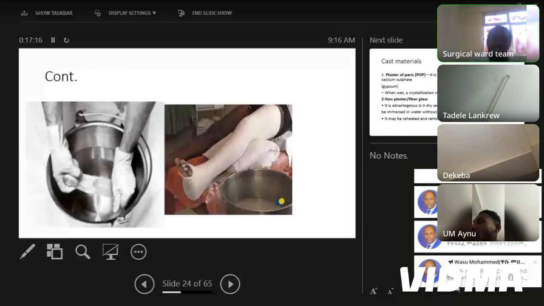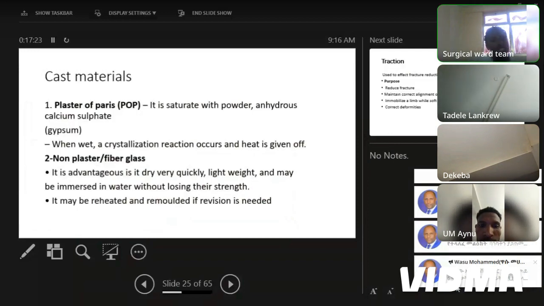This is the process of casting, as we see in the orthopedic part. There are materials which we use during the cast process. POP is one material we use. It is saturated with powdered anhydrous calcium sulfate, or gypsum.